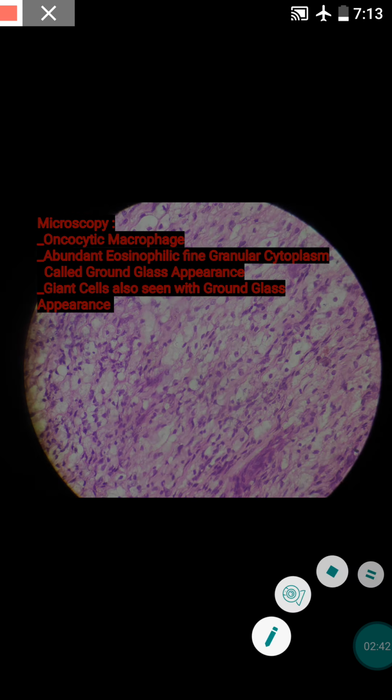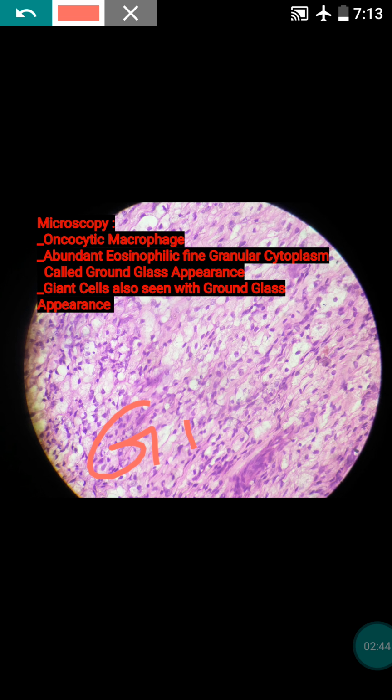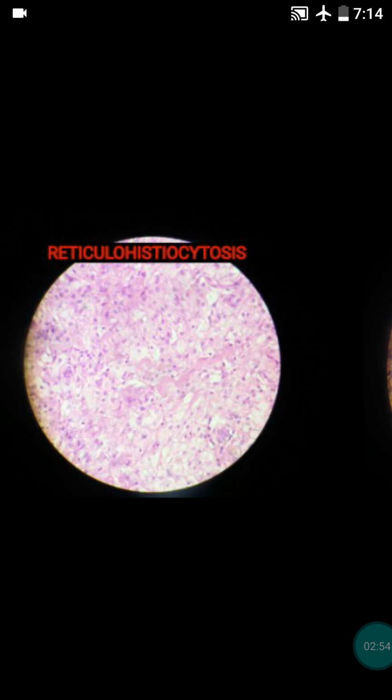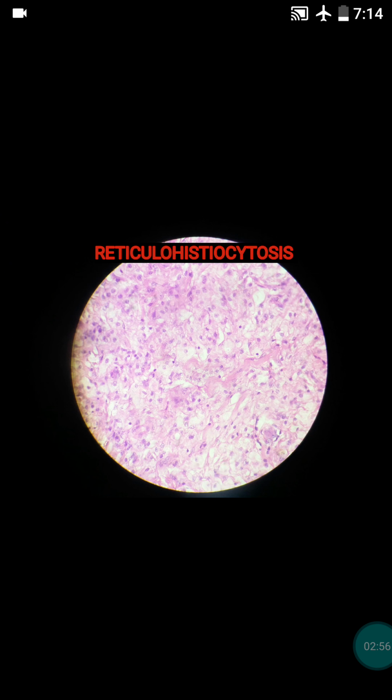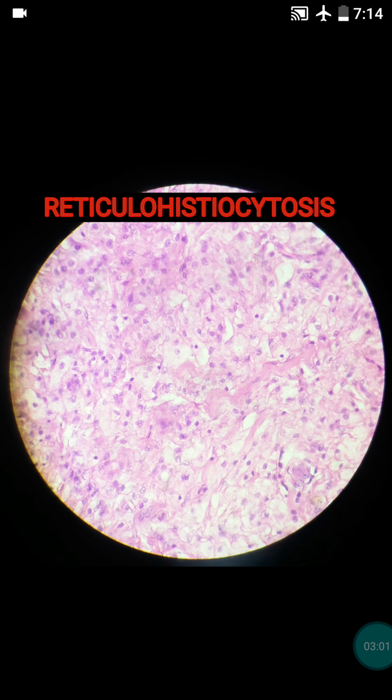There is obviously the presence of giant cells in this entity. Unfortunately, I do not have an image showing the giant cell, but giant cells were present, right? That's why we have given the diagnosis of reticulohistiocytosis. This is another field.